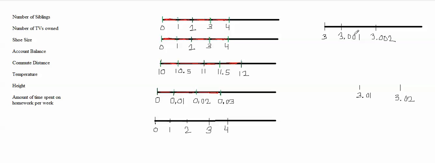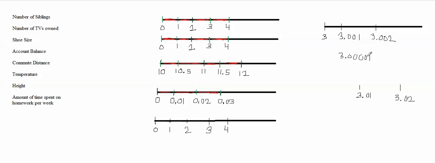For example, we're probably not going to record a person's commute distance as 3.00001, because we probably wouldn't be interested in recording it to that exact of a number.